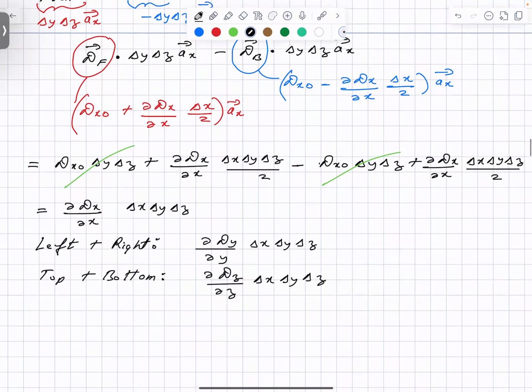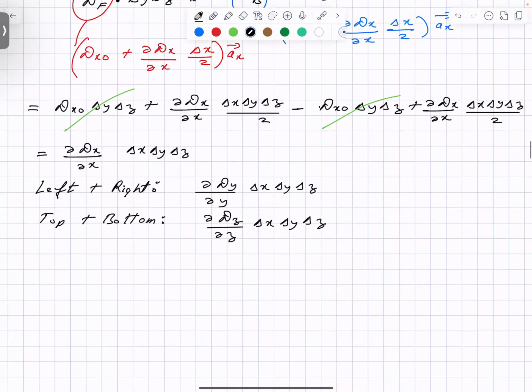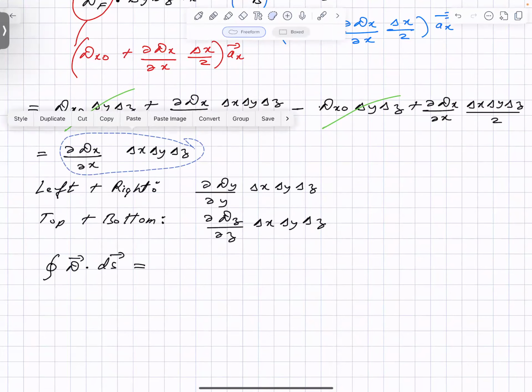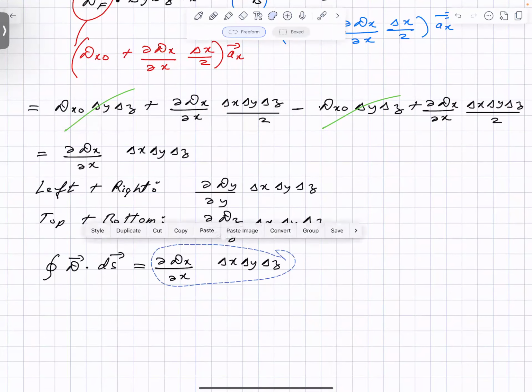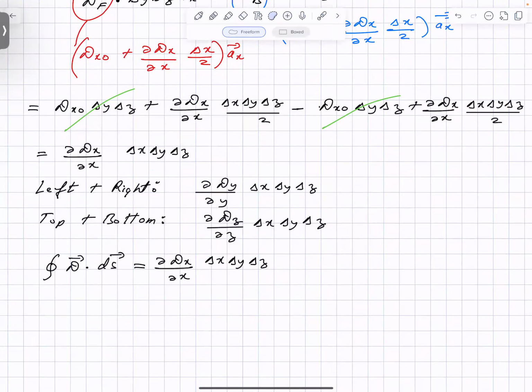And if we combine the 6 surfaces together, we get the total flux coming out of this differential volume. And that we can write as the sum of all these. So this component, which is front plus back, then we have left plus right, and then we have the top plus bottom component.